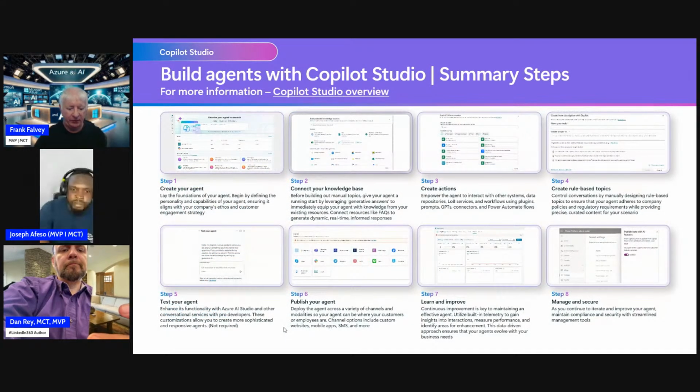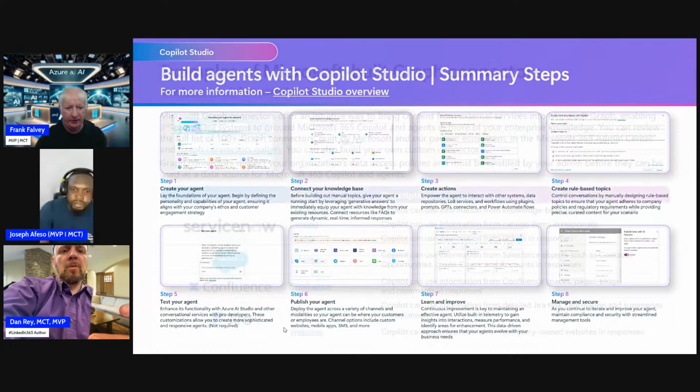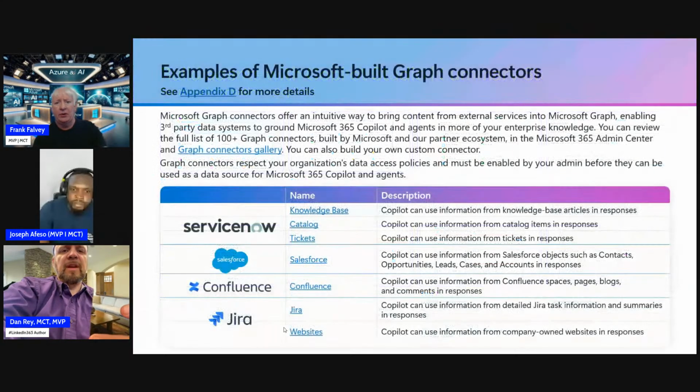The 8 steps are all the same for the 3 that we had up earlier on the screen. You can see the example of the Microsoft build draft. So you can connect in third parties. You don't just have to use Microsoft stuff. You can use ServiceNow or Salesforce, even Jira.